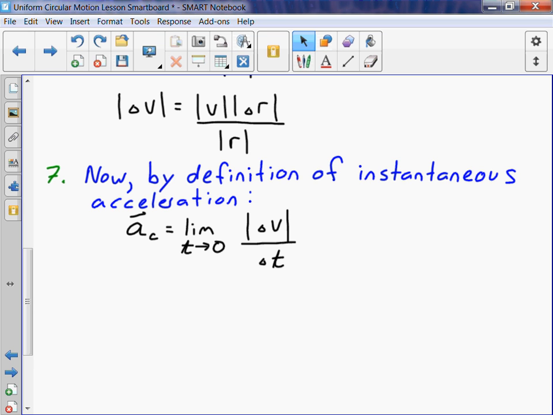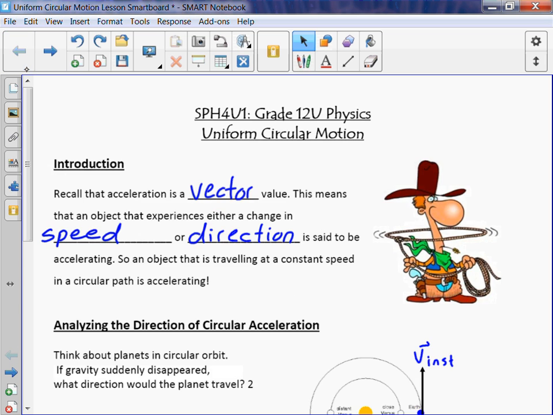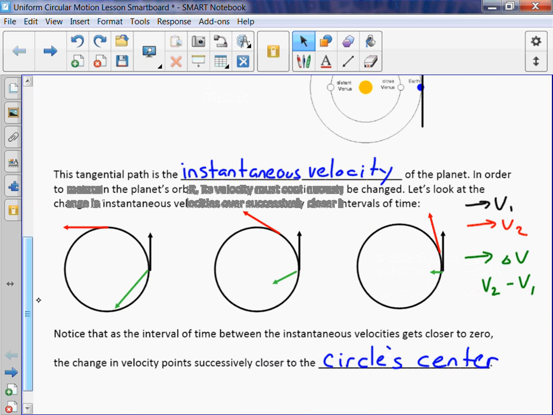The change in the velocity. So if we do v2 minus v1, just like we had back here, okay? As t got really, really small, the change in velocity vector pointed towards the middle of the circle.